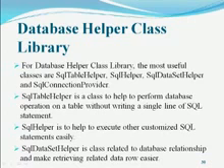In the database helper class library, the most useful classes are SQL table helper, SQL helper, SQL dataset helper and SQL connection provider. SQL table helper helps to perform database operations on a table without writing a single line of SQL statement. SQL helper helps to execute other customized SQL statements easily.